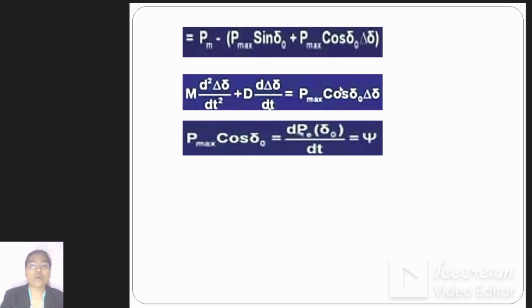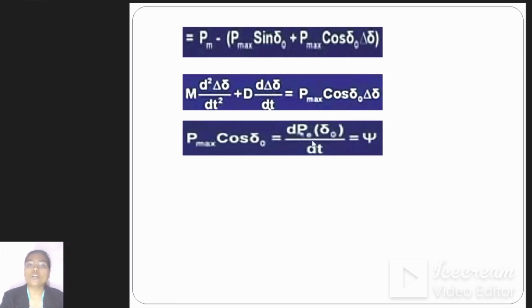Here the term P max cos delta 0 can be written as psi. Psi is actually the slope of the power transfer equation of the synchronous generator, that is the derivative of Pe with respect to delta at delta 0, the change in the power transferred by the synchronous alternator with respect to the change in the rotor angle.